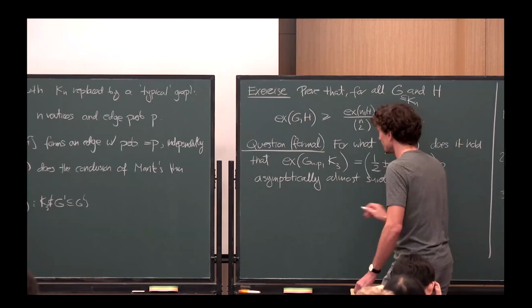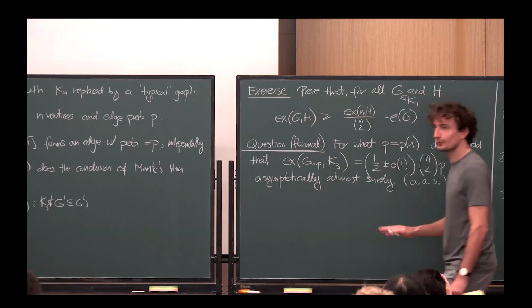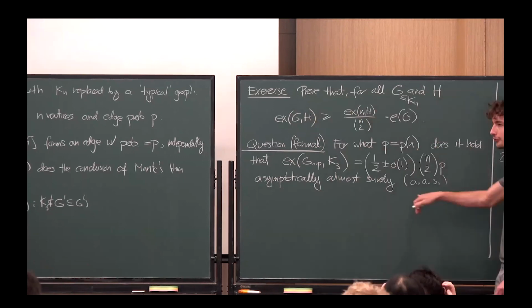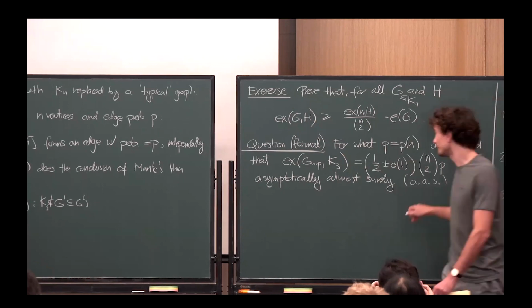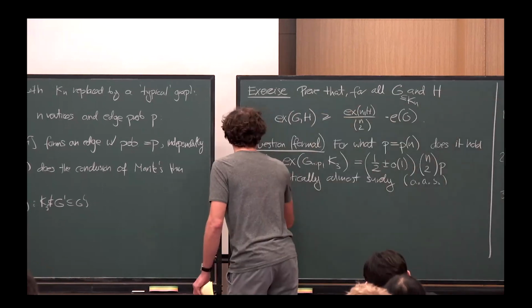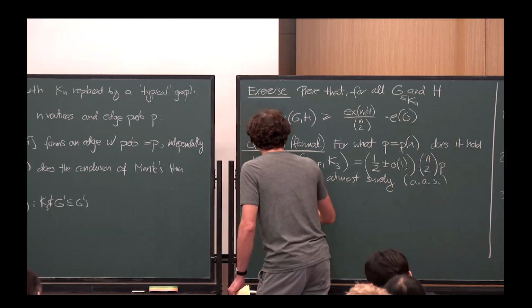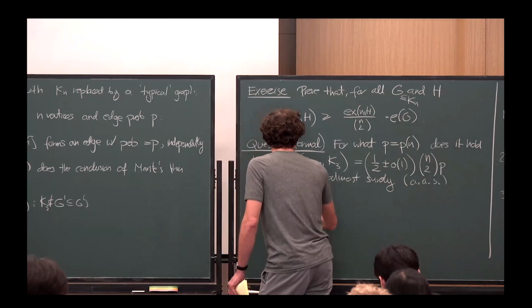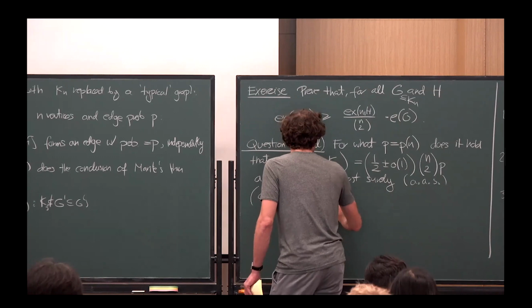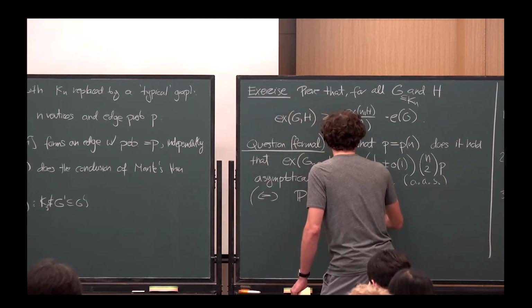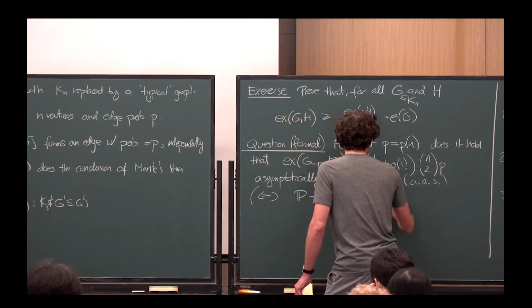So I don't want to write asymptotically almost surely. This will cost me too many minutes from the course, so I will abbreviate it by AAS, and this means that this probability tends to 1 as n, which is the number of vertices, tends to infinity.